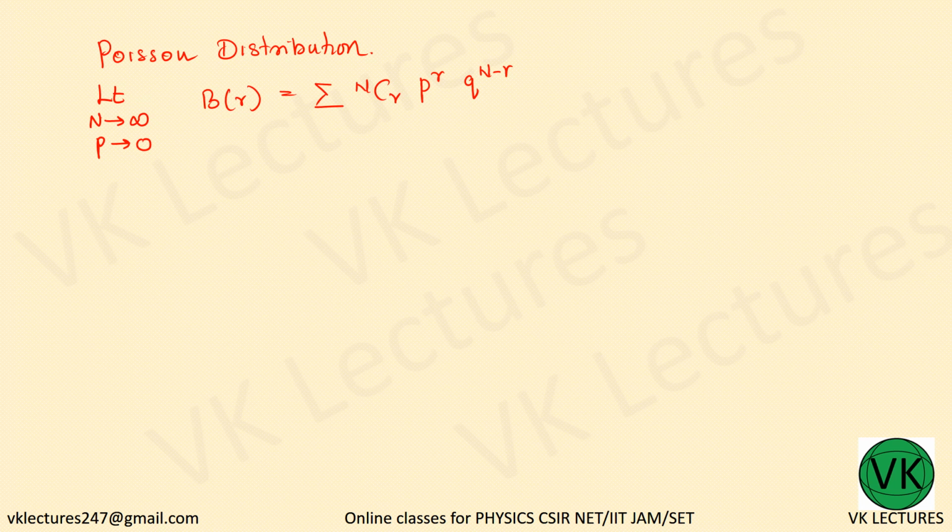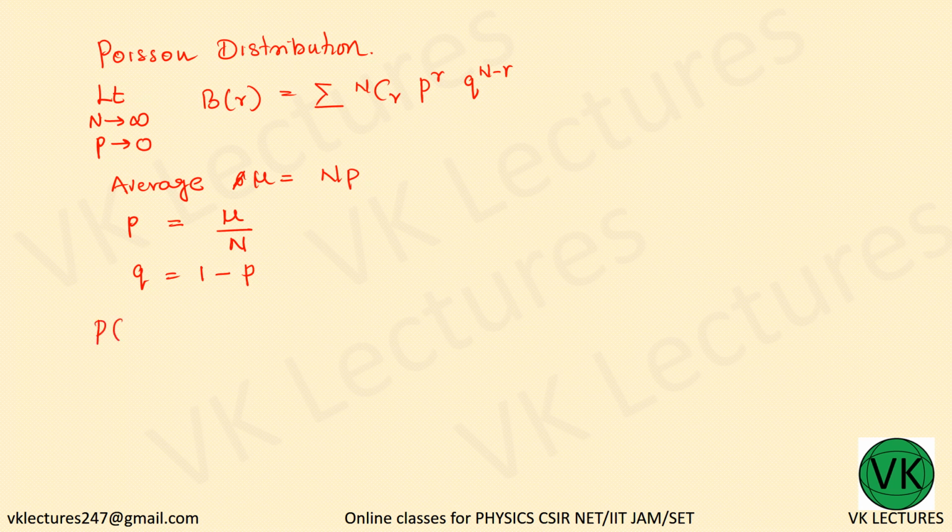The mu, the expectation value or average value, is given by mu equal to n times p. Similarly, p is equal to mu by the total number of trials, and q is equal to 1 minus p.